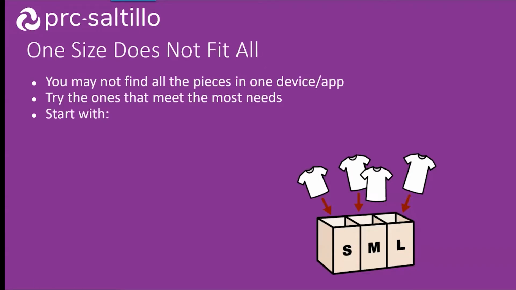So one of the biggest things that we want you to remember as you go through this feature matching process is that one size does not fit all, right? There is not a single AAC system out there that is going to be best for all users. All of the systems have different pros and cons for individual users.